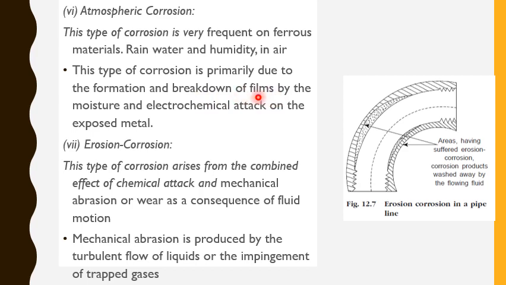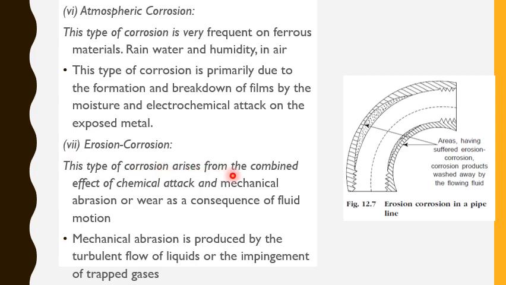For example, a moisture film is formed and then the moisture film is broken, and in this process corrosion takes place. Ferrous metal is corroded due to moisture present in the atmosphere.